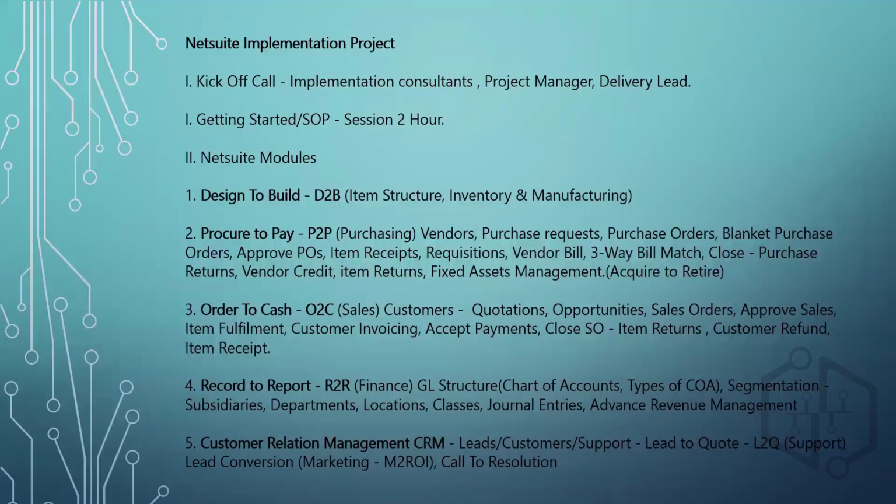Now, what are journal entries? Let us say you have used your credit card to give a party to your employees. Where is it recorded? It cannot be recorded as part of procure to pay or order to cash.